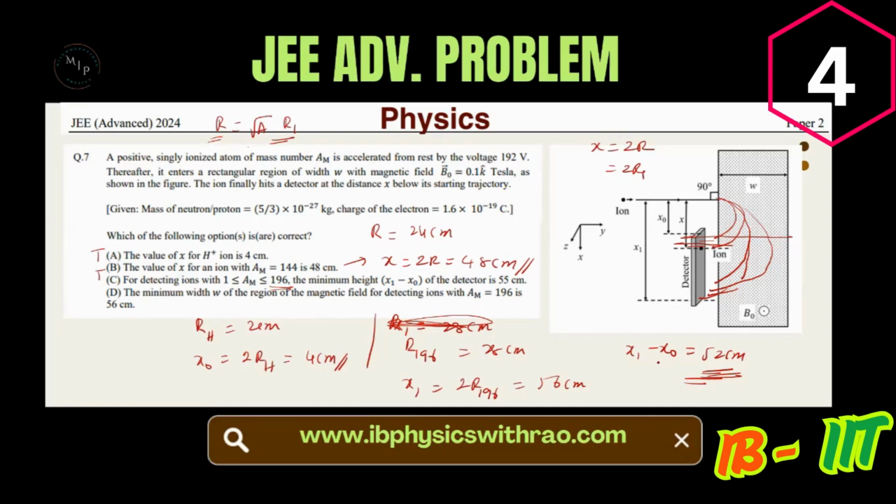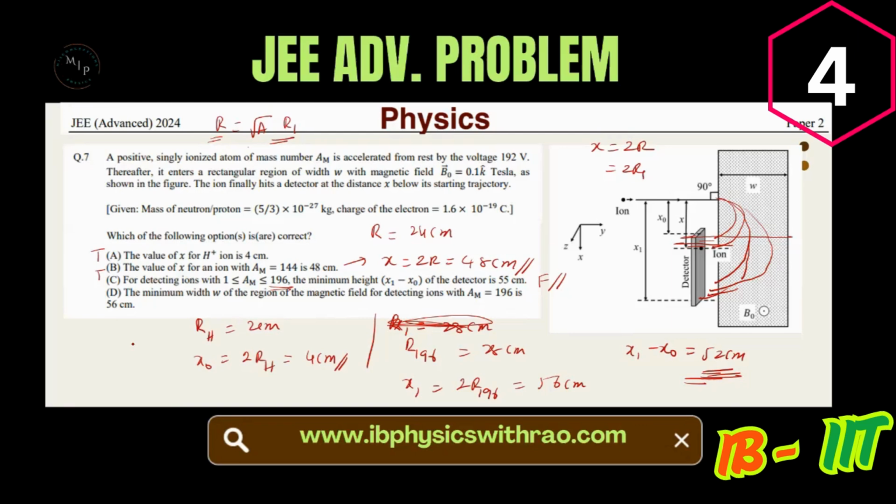Okay, so it says the height of the detector should be 52 centimeter. Now you see, if the height of the detector is 52 centimeter, it should be short enough. But what is being given over here? It says the height of the detector is 55 centimeter. So this is false. This is false.